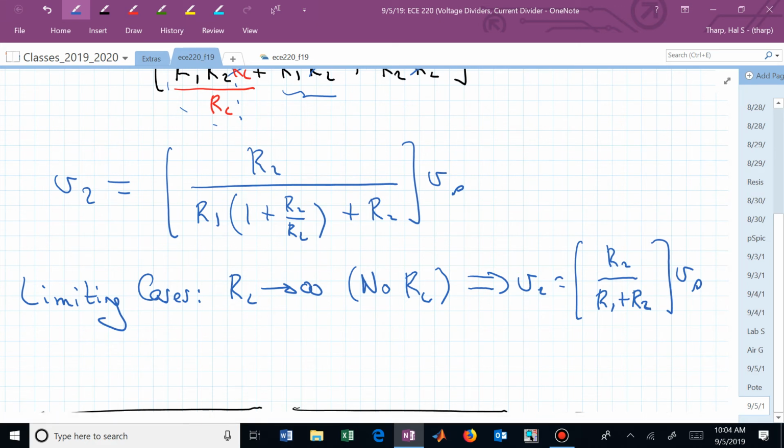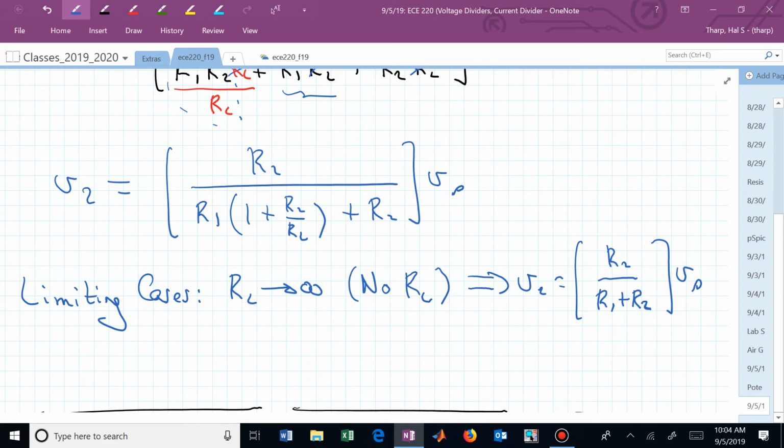Meaning, as R sub L gets big and big and big relative to R sub 2, you can kind of neglect its loading influence on the rest of the circuit. That's the punchline or the bottom line. If R sub L gets really, really big relative to R sub 2, and what's really, really big?